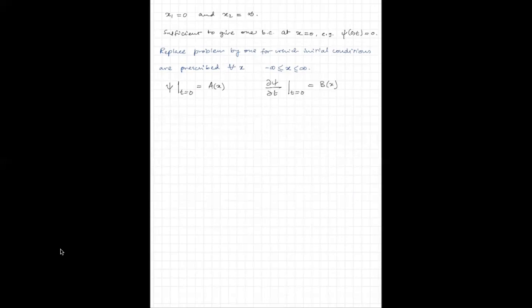So these a of x and b of x are equal to the small a of x and small b of x that we had earlier, for x greater than 0.